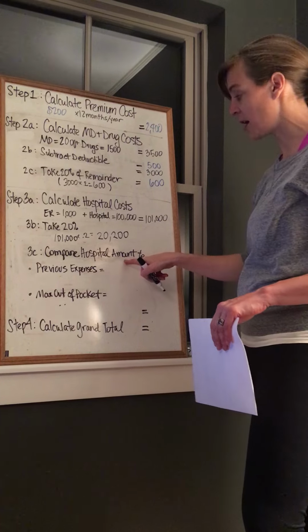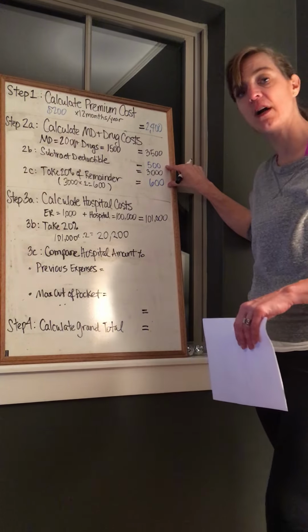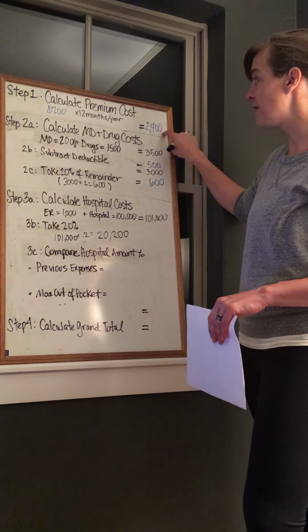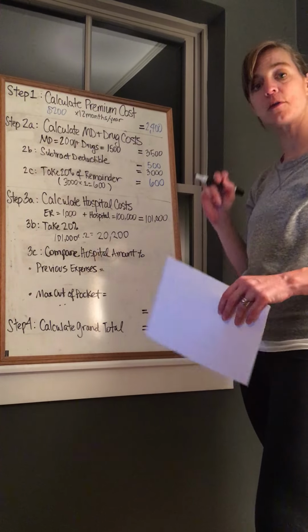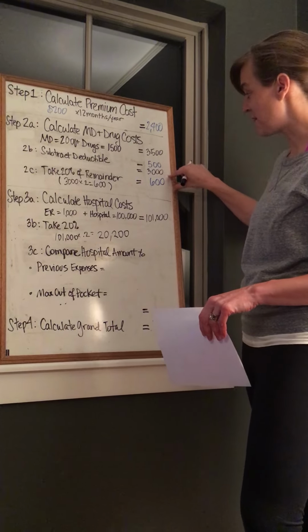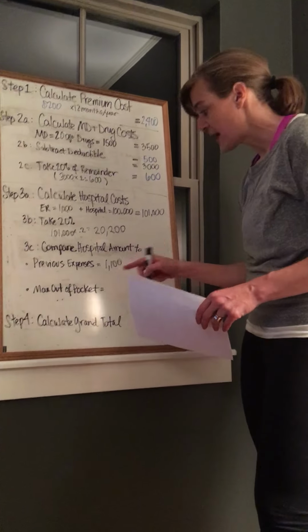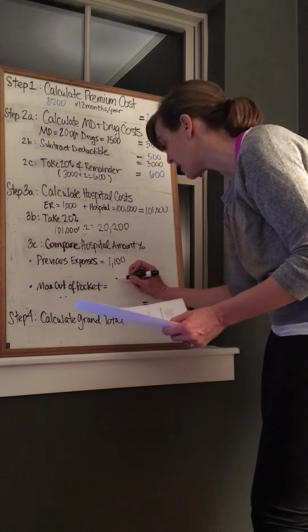We first need to compare our hospital amount to our previous expenses. So how much have we already paid this year? We've paid $1,100. If you remember, the $2,400 in premiums does not count towards our maximum out-of-pocket expenses. So we'll add up our $500 and our $600 to get $1,100. And then our maximum out-of-pocket, again, if we look at the sheet here, is $10,000.